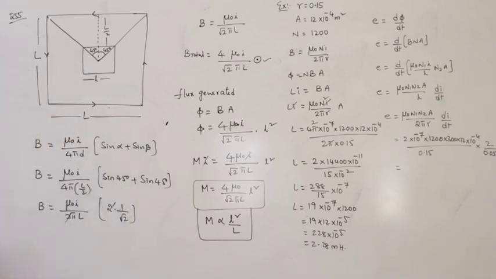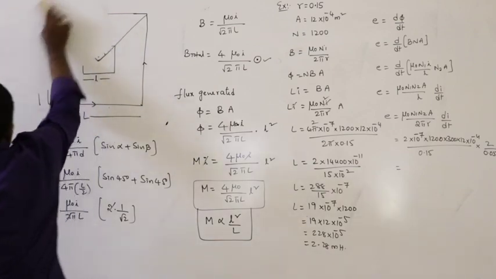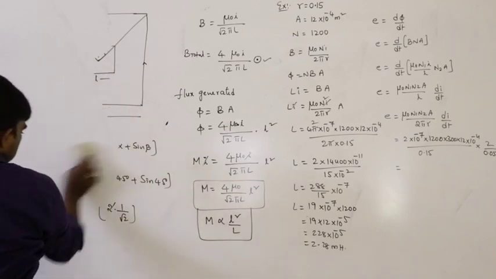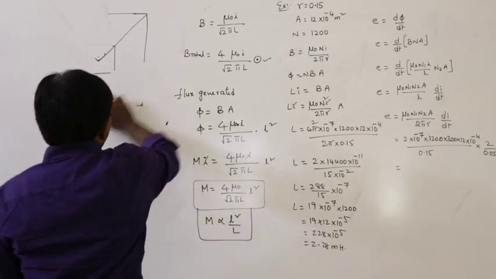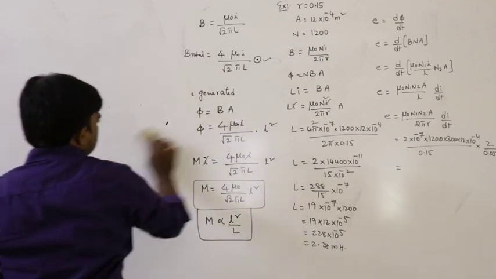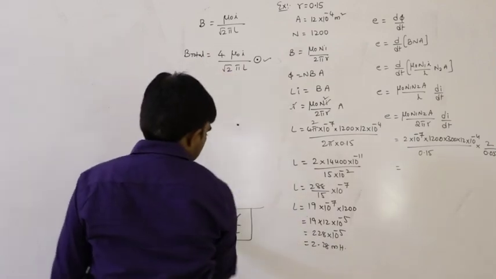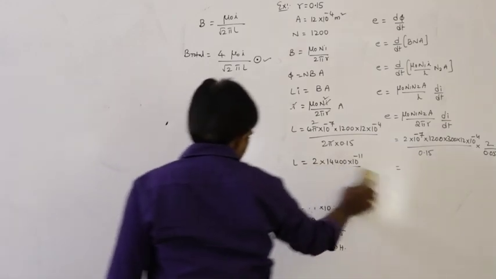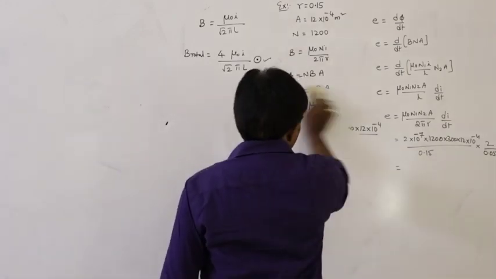So there is electromagnetic induction, self inductance, mutual inductance, everything. Now next we can calculate how the inductors are connected in series, and how the inductors are connected in parallel. Series means inductors are connected in series and parallel. Then we can do that.